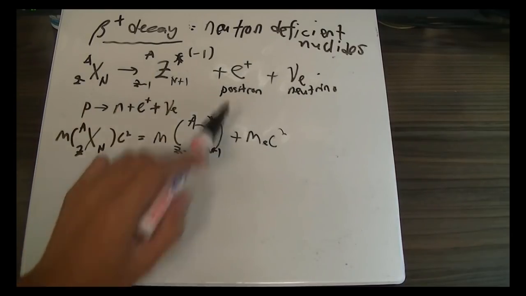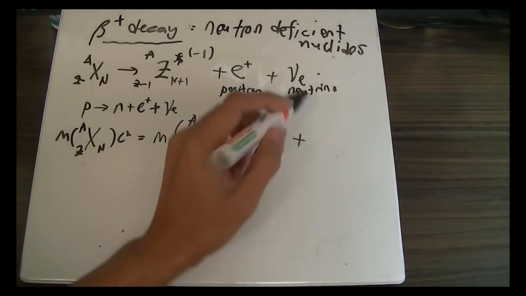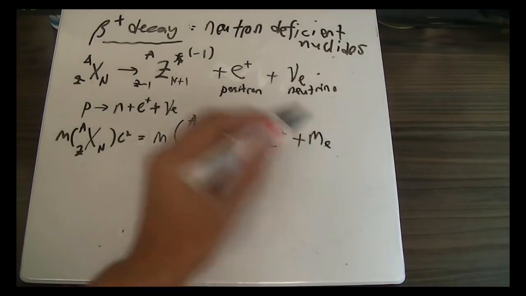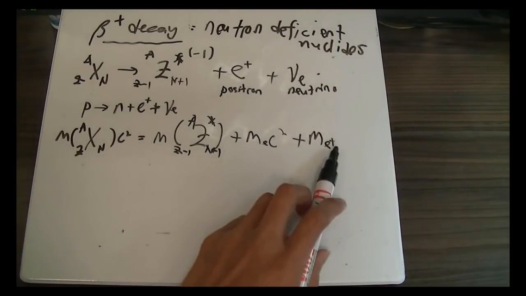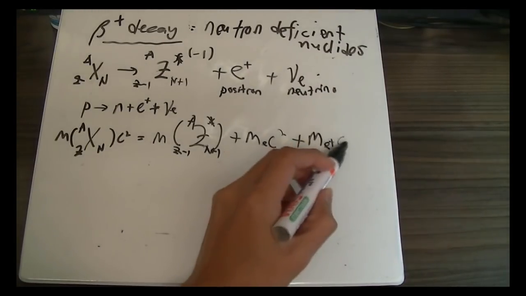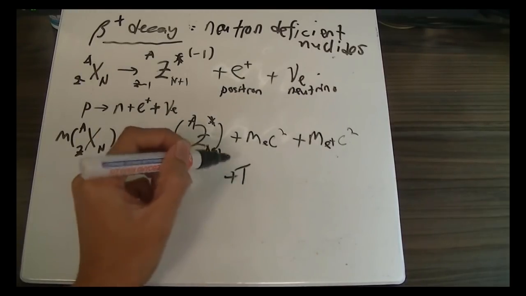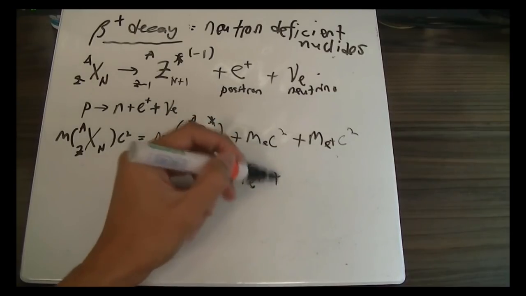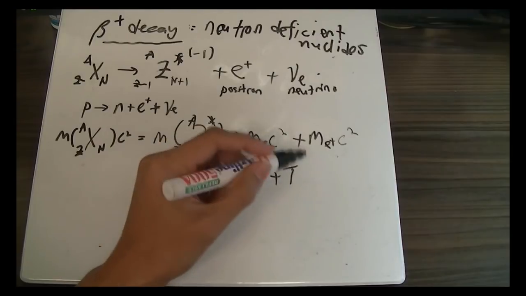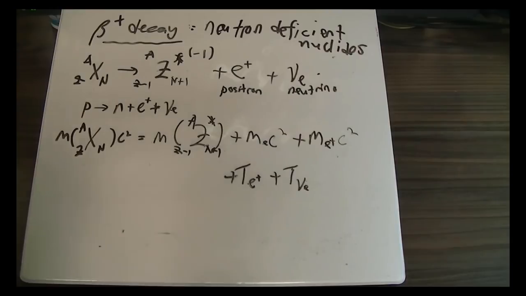And next is the mass energy for the emitted positron, so I put a plus sign here, c square, and then the kinetic energy of the released positron, and the kinetic energy of the released neutrino, and that's all the energy we have.